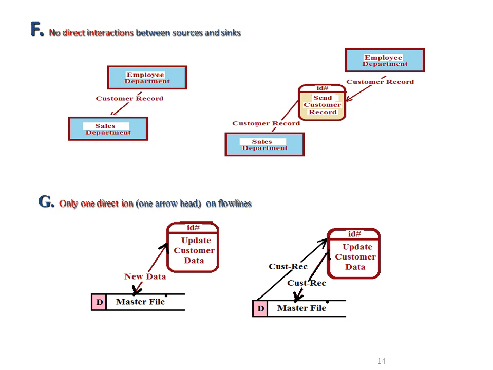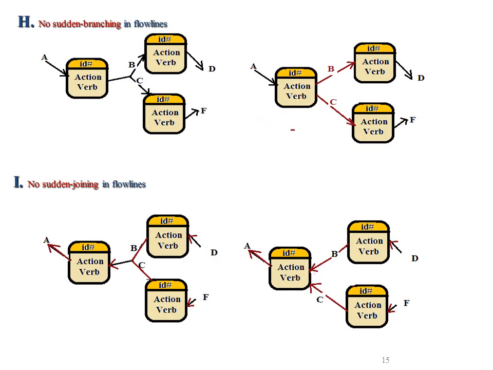On G, the arrow should have one arrowhead, not double. Alright, as you can see on the slide, H, no sudden branching in flow lines, which means we can't use the same line and branch it.